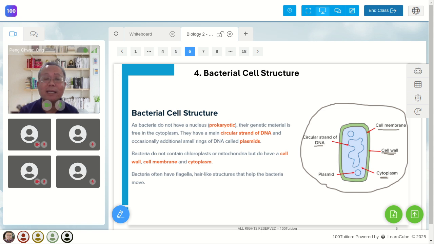That means the DNA is in a circular strand, and it's slightly different from the eukaryotes. Later we'll see. It also contains a loop-like or ring-like structure called the plasmid. This is something we don't see in the animal cell and the plant cells.